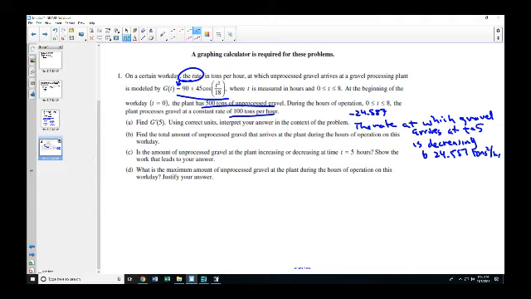Is that going to be tons per hour or tons squared? Tons squared is what makes sense. That's an extra. Or tons squared per hour? Tons per hour squared. There you go. Okay, that's what we have to have. Why did I make that mistake?